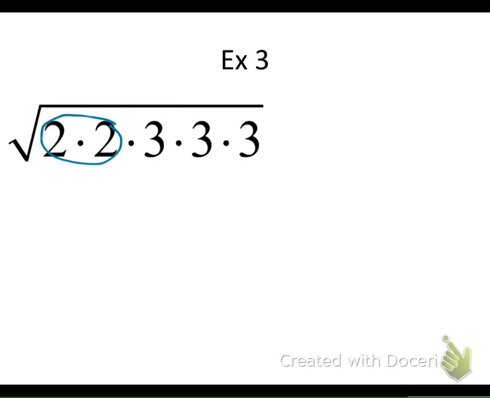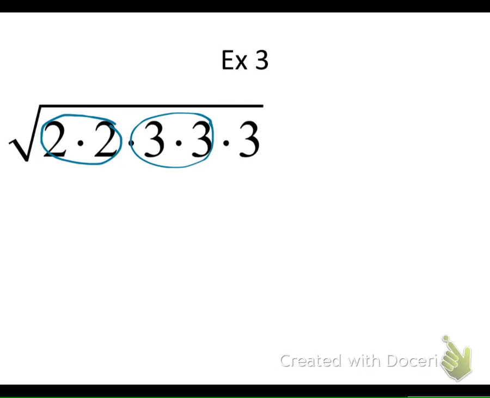So I can only circle 2 of my 3's, and then one of my 3's is going to be left out. It does not have a pair. Remember, when we say pair, pair means 2. When we say square, square means 2. Square cancels out with square root.